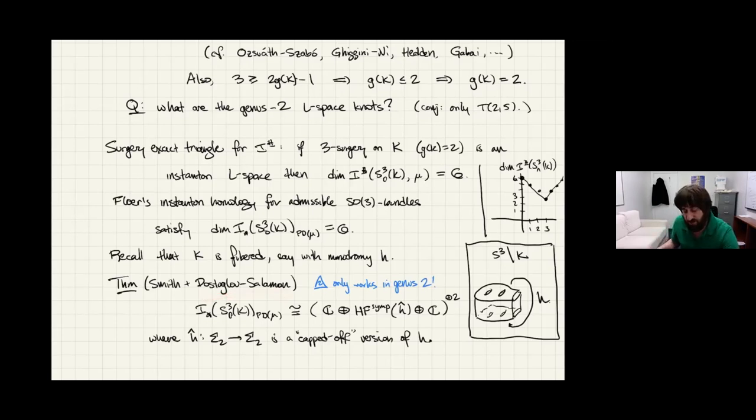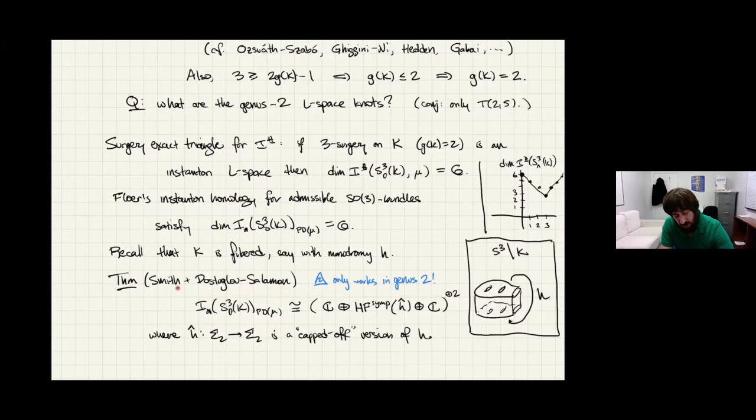They proved that for a fibered manifold, you can describe the instanton homology of this manifold in terms of the symplectic Floer homology of the action of the monodromy on the character variety of the fiber. This is a very difficult theorem, but they're related to symplectic homology of some high dimensional thing. And then in genus 2, Ivan Smith proved that that symplectic Floer homology is actually the same as the symplectic Floer homology of just the monodromy acting on a closed surface.